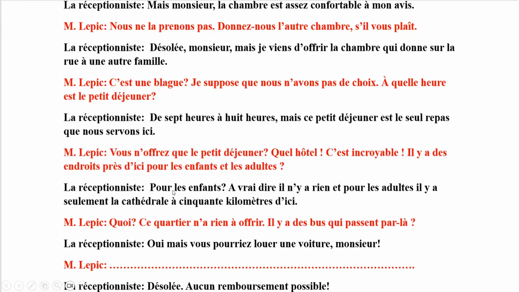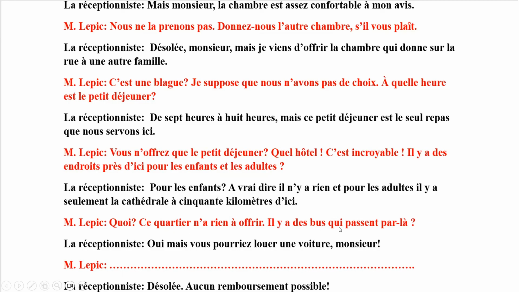Let's see how it fits into our dialogue. So here, for children, to be honest, there isn't anything, and for adults, there's only the cathedral 50 kilometers away from here. Quoi? What? Ce quartier n'a rien à offrir. This area has nothing to offer.